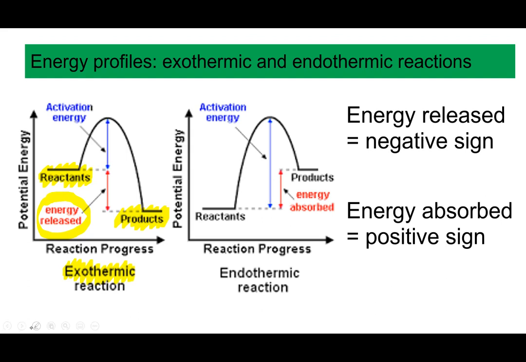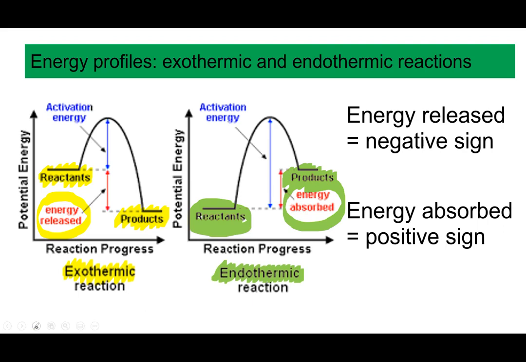In the diagram on the right, my reactants are lower than my products. So that means that the energy there, the red arrow, is the energy absorbed. And if energy is being absorbed, then it is endothermic.